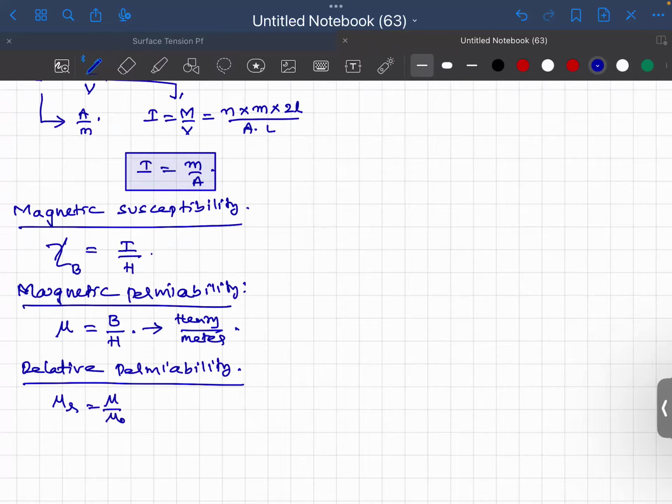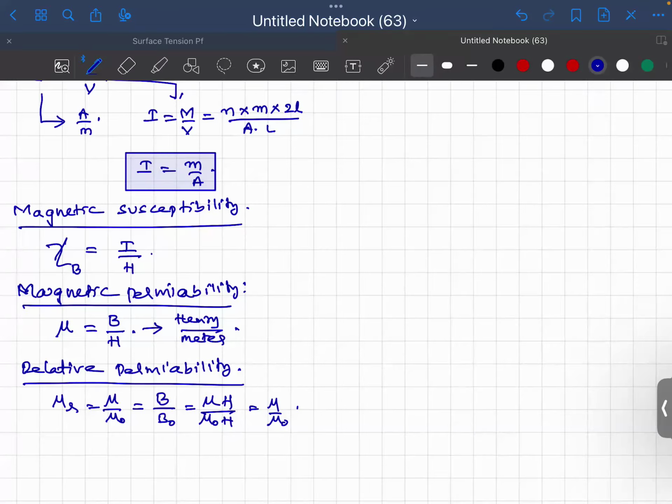It is the magnetic induction field strength in a medium divided by the magnetic induction field strength in air or free space. This is mu H, this is mu naught H. Finally, this is mu by mu naught. Remember, it is once again a dimensionless quantity.